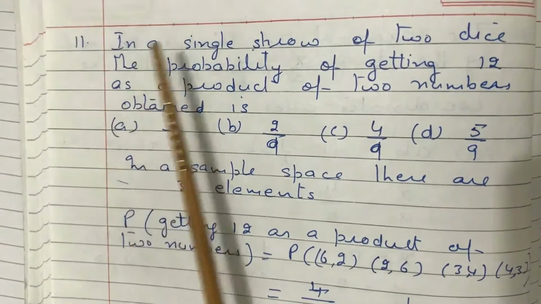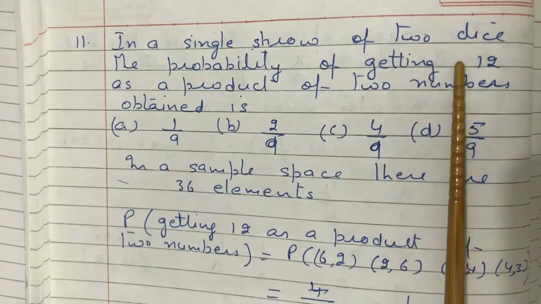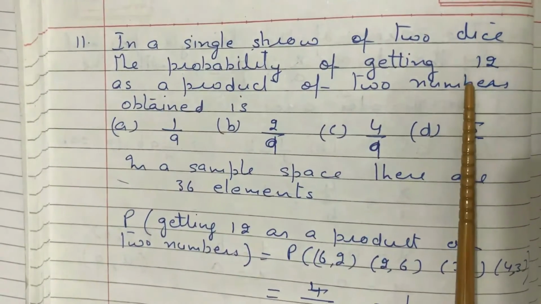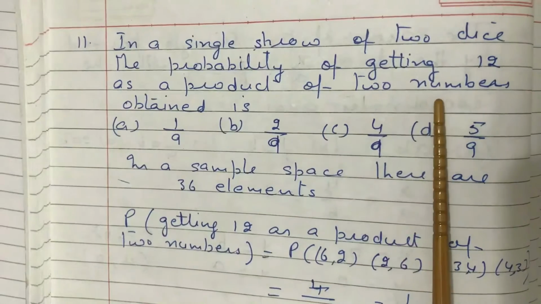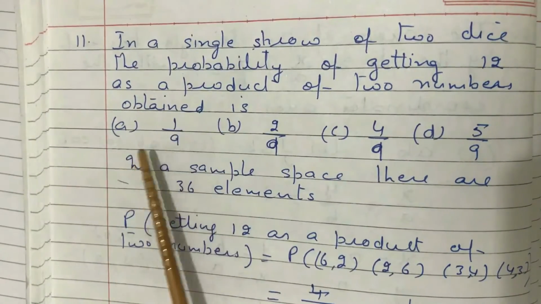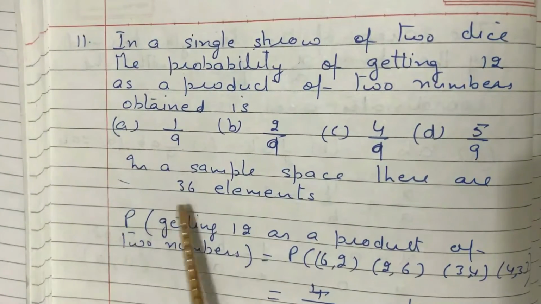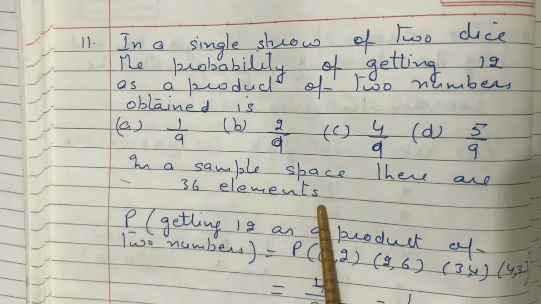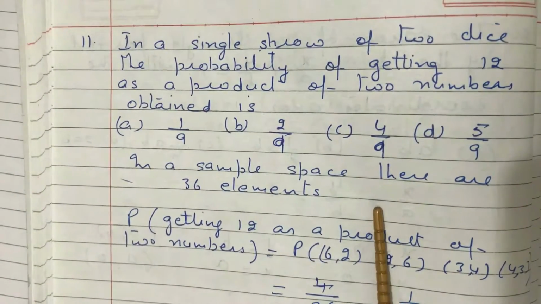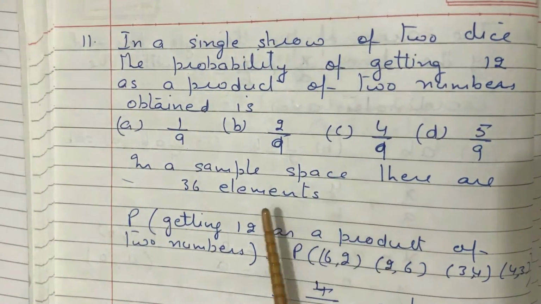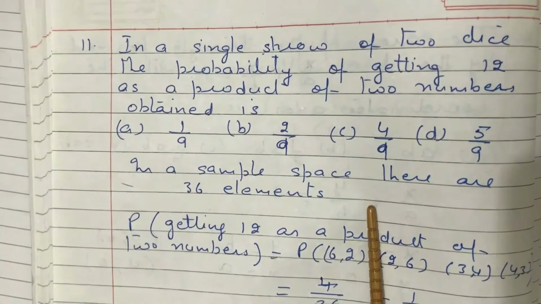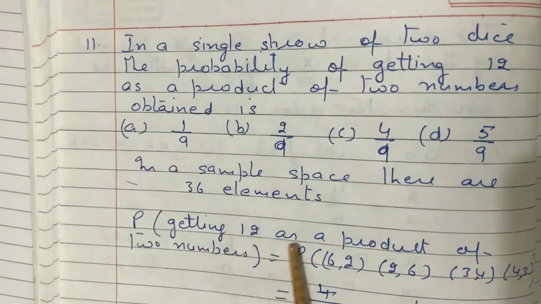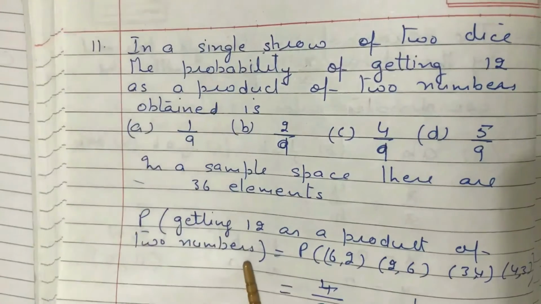Now 11th question is, in a single throw of two dice, the probability of getting 12 as a product of two numbers obtained is, there are four options. Now in a sample space there are 36 elements. If you throw two dice at a time, you will have 36 elements in a sample space. Now probability of getting 12 as a product of two numbers.